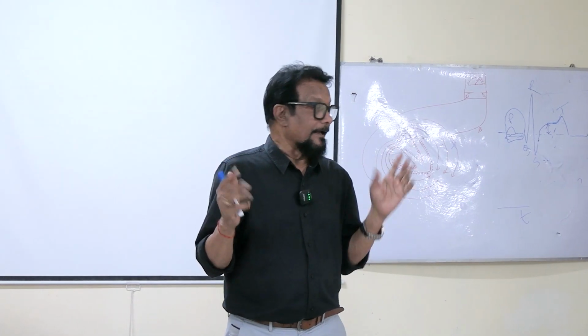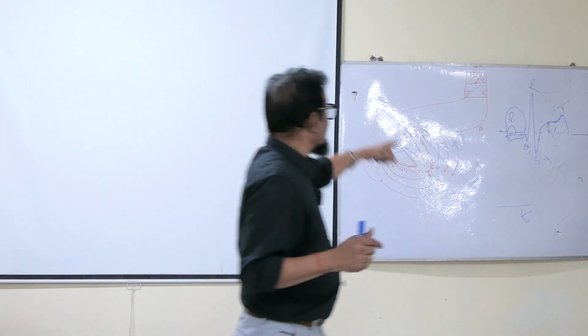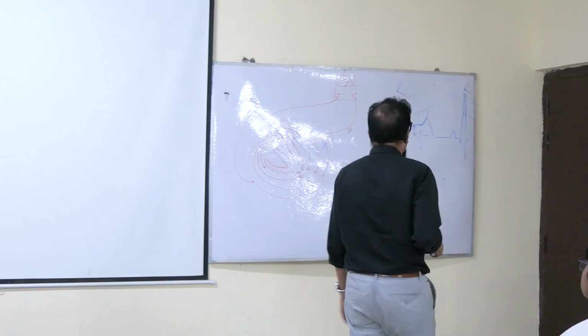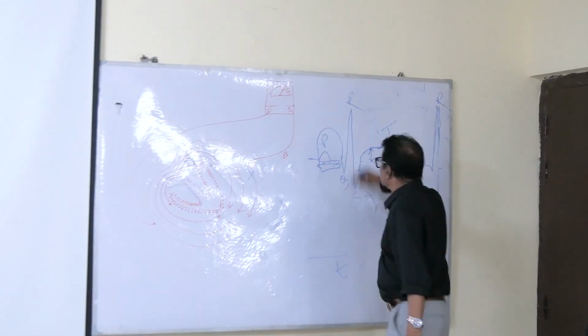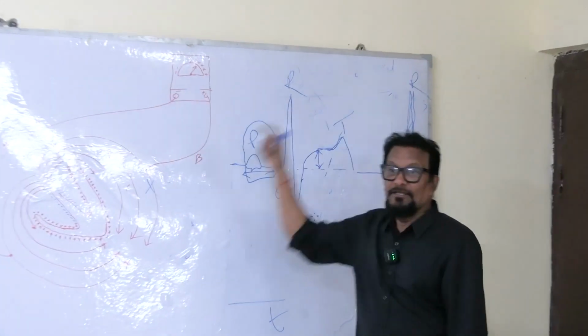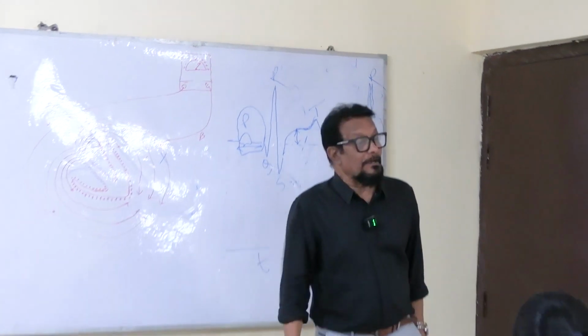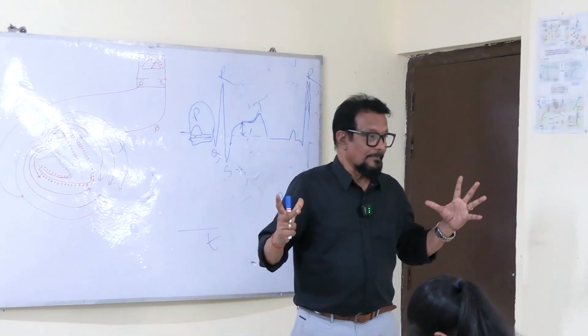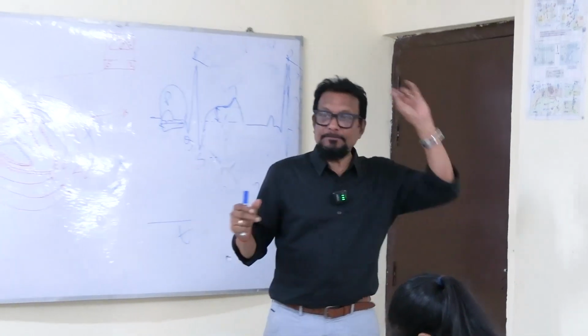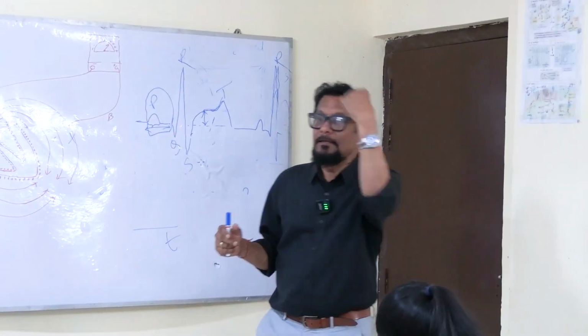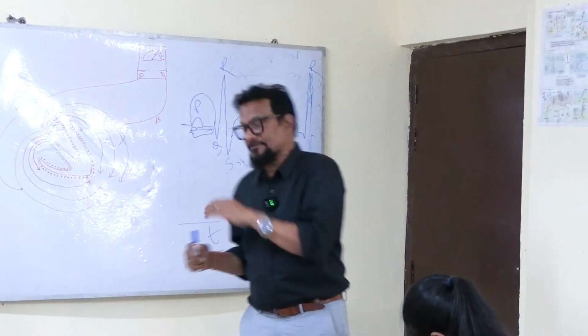In case of hypertrophy of the heart, the R and S waves may change, the T wave may change, the ST segment may change. So these will be changed during ventricular enlargement. We will explain what happens in left ventricular hypertrophy and in right ventricular hypertrophy.